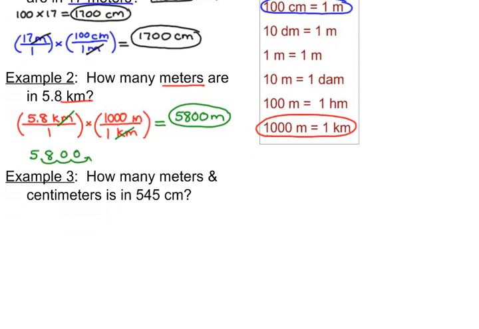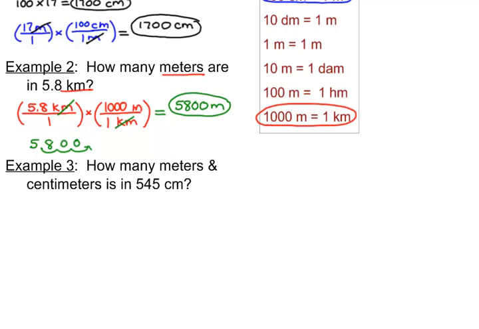Example 3. How many meters and centimeters are in 545 centimeters? We're not really doing any conversions. We're starting out with 545 centimeters. Now we know that this can be broken apart into 500 plus 45, and I'm going to put my centimeters right here.